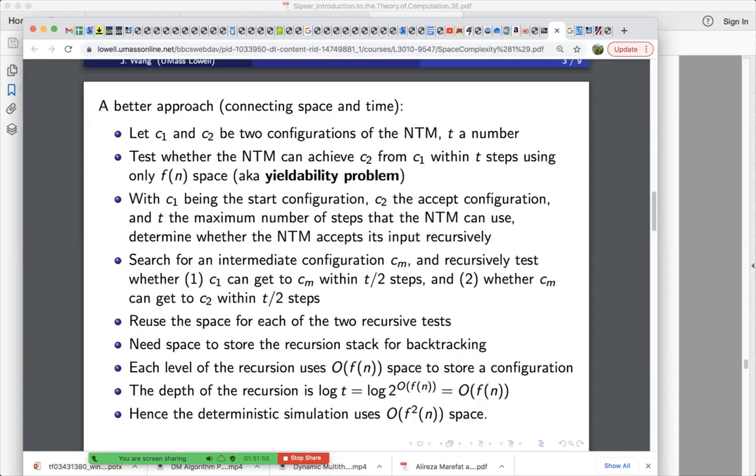Then what we want to do is find out whether we can go to C2 from C1 within T steps using only big O of f of n space.